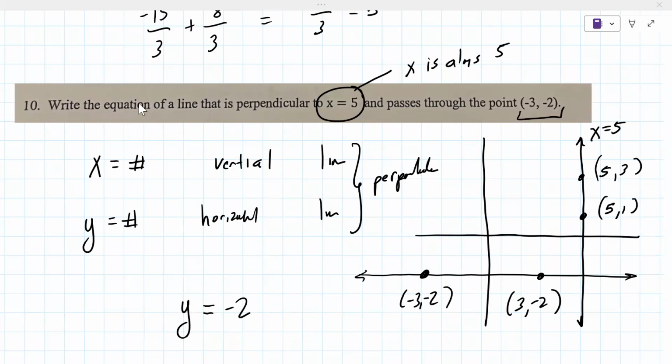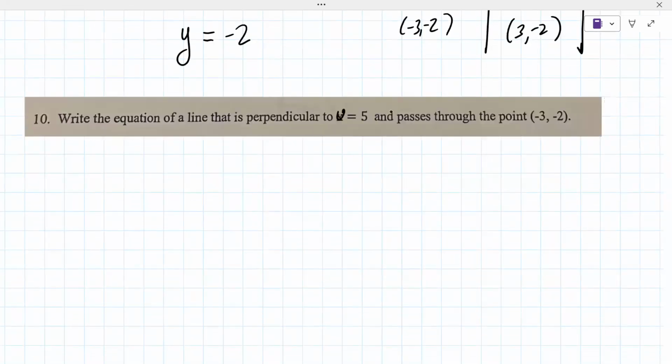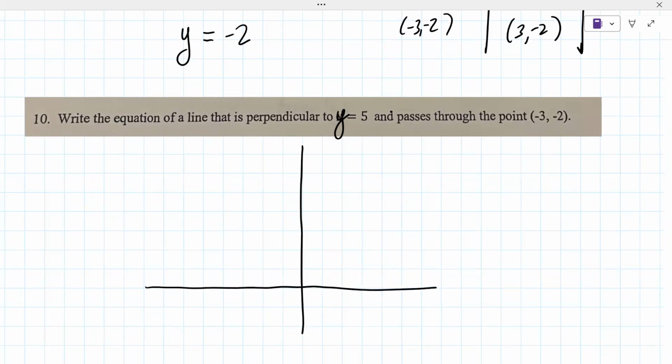So there's an analogous problem to this, which is where it says write the equation of the line perpendicular to y equals 5 and passes through the point -3, -2. So y equals 5. 1, 2, 3, 4, 5. It looks like this.